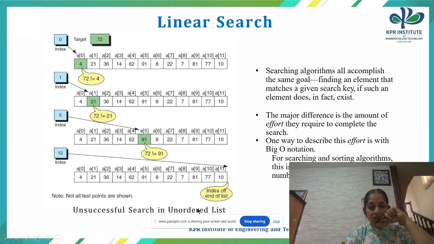So in an unsuccessful search on an unordered list, it is going to search all 12 locations. The major drawback here is the searching time, as they require time to complete the search. Big O notation and small o notation are used for this linear search.